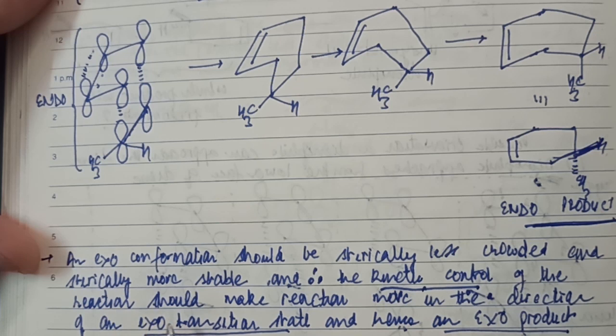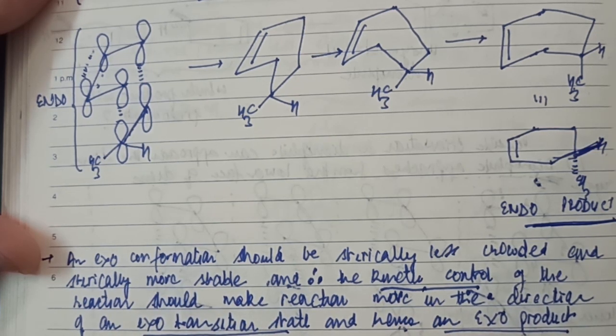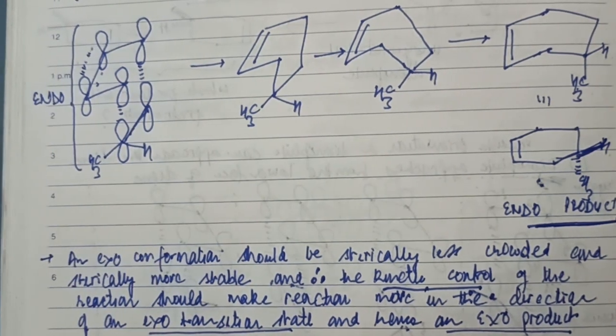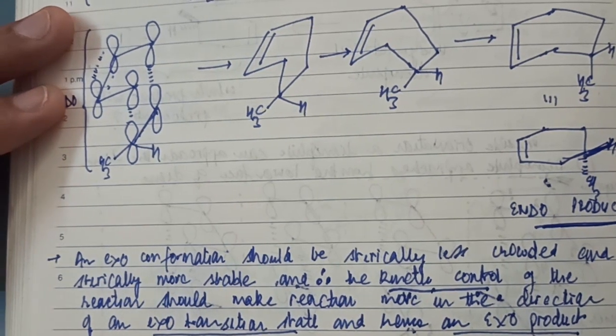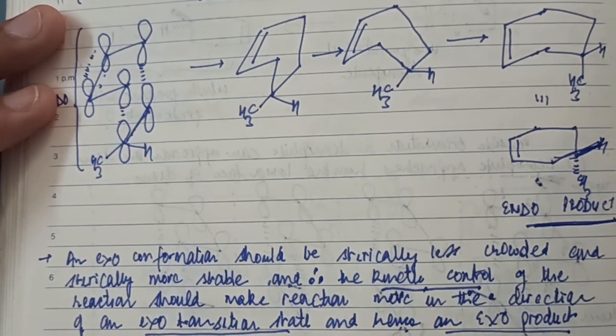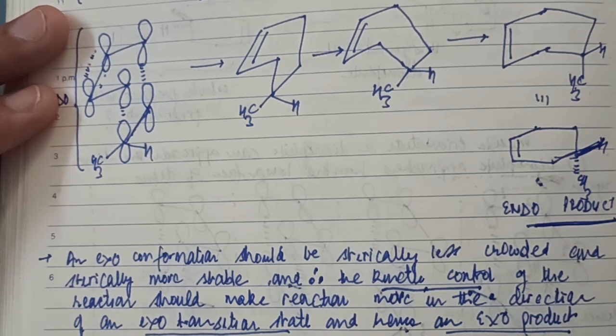The kinetic control of the reaction should make the reaction move in the direction of an exo transition state, and hence will lead to the formation of the exo product. So what I mean to say is that if you talk on the basis of steric grounds only, then it is the exo approach which is sterically less crowded. The molecule will at once try to assume the conformation which is sterically less crowded, and this effect is the kinetic effect because it is formed earlier, fast.